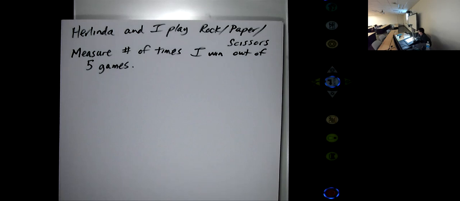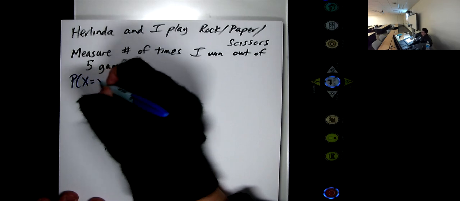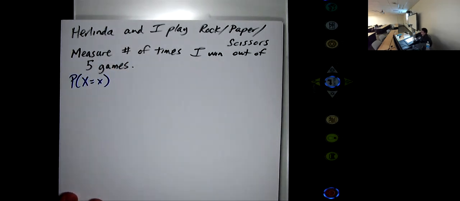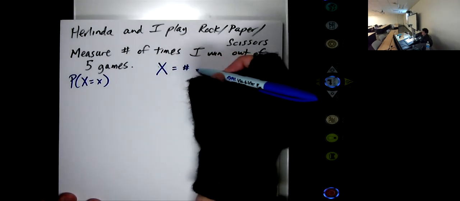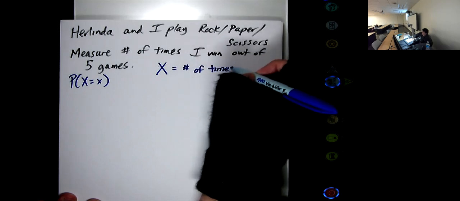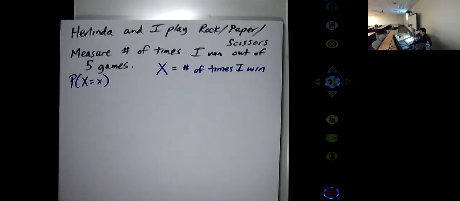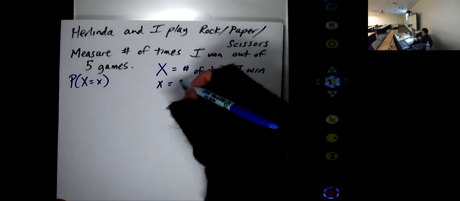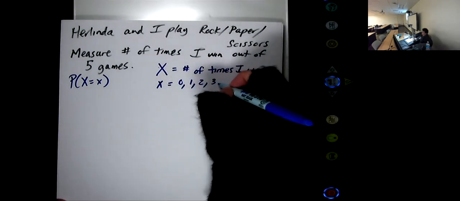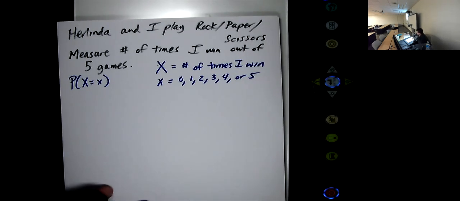So if I want to write that in the notation of probability of big X equals little x, I need to address what they are. So big X will be the number of times I win. That's what I'm keeping track of. That's what I care about. Little x are all the possible outcomes. Little x can equal 0, 1, 2, 3, 4, or 5. Those are the outcomes in that scenario.